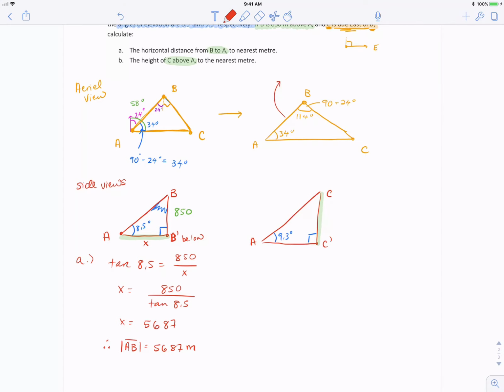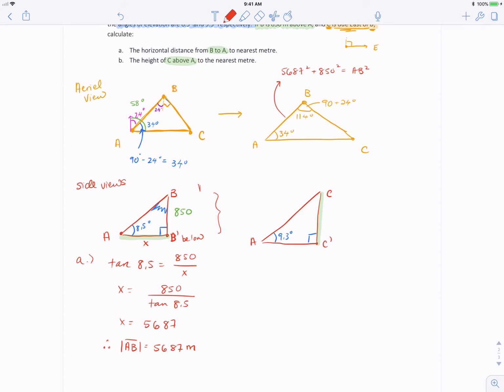The way I do this is by doing Pythag on my first side view. AB prime plus B prime B should give me the length AB. So 5687 squared plus 850 squared equals AB squared.